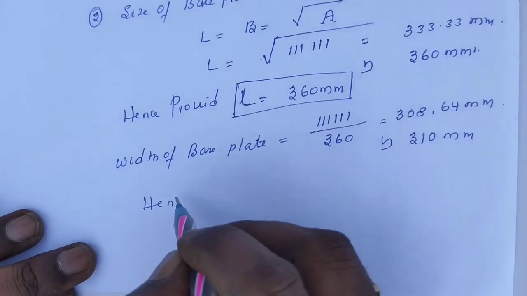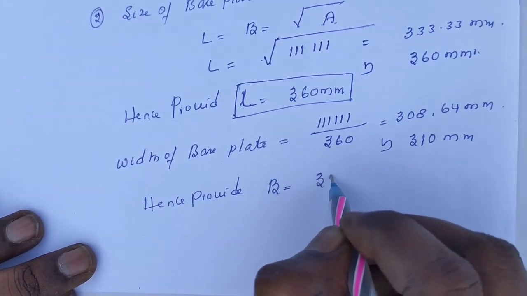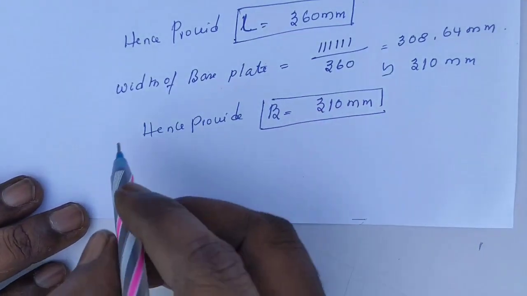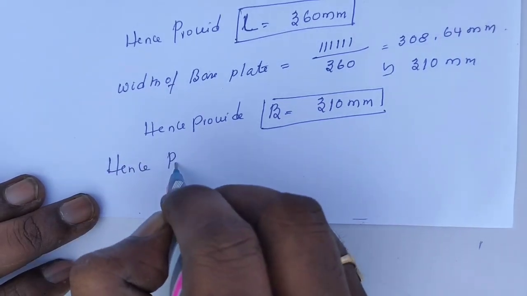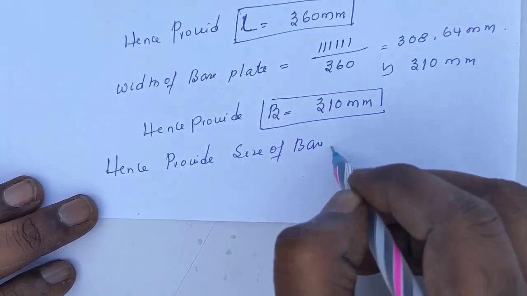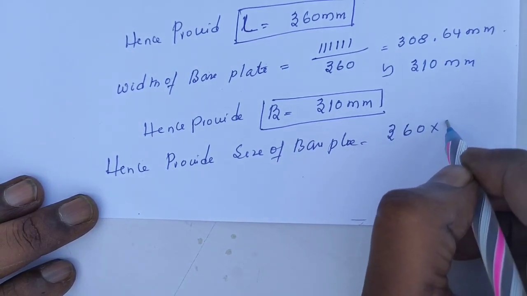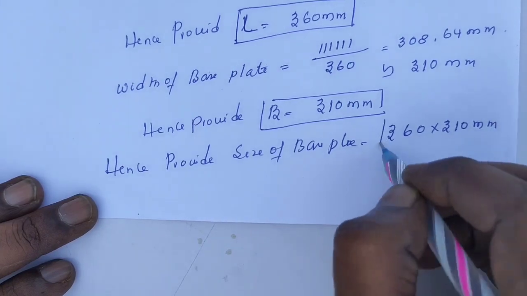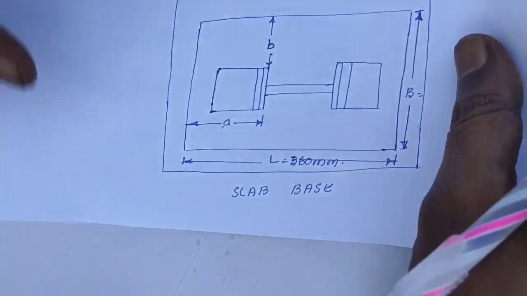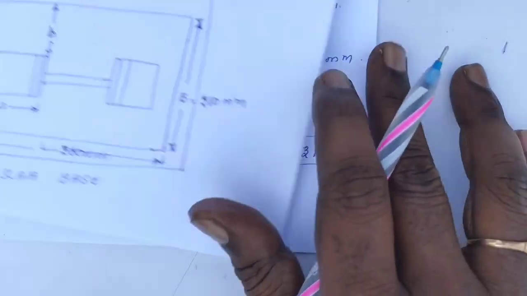Hence provide small b is equal to 310 mm. Therefore, the provided size of base plate is 360 by 310 mm. Mark small b in the figure: small b is equal to 310 mm.